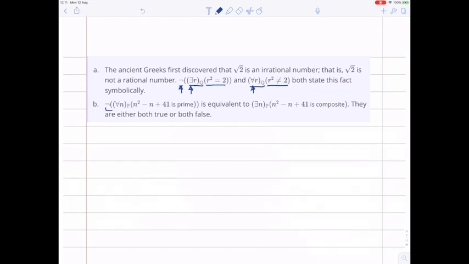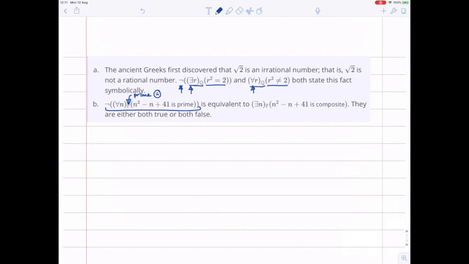And if you do a check over here, this statement says it is not the case that for every n in the prime numbers, so this is prime in this case. Usually we've been saying that that symbol means positive numbers, but here it's prime.